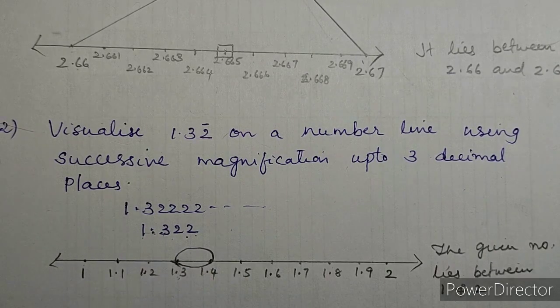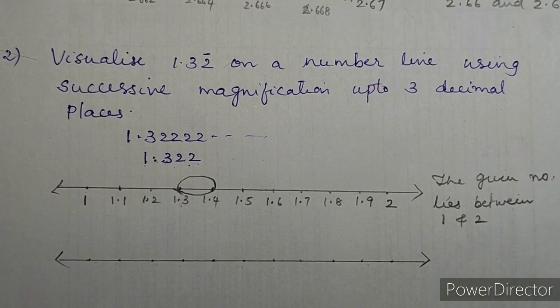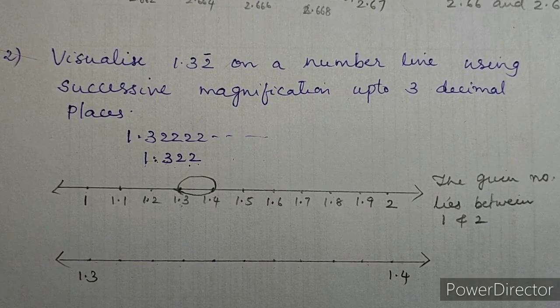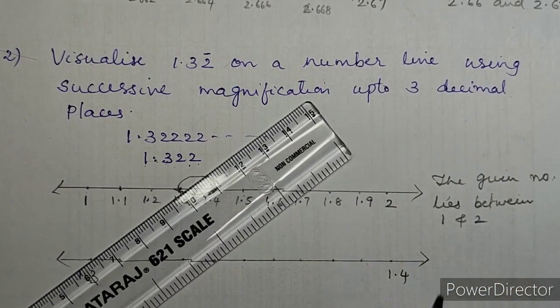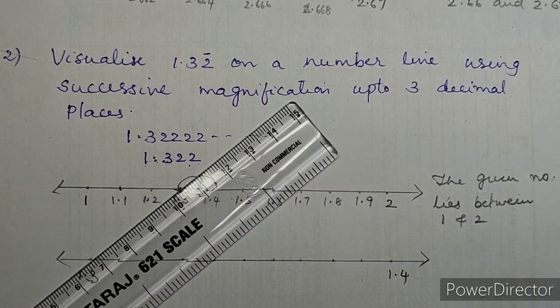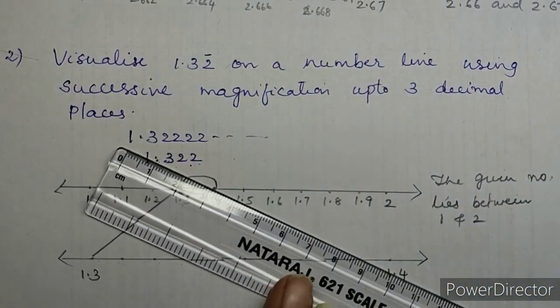So in the next number line, you have to show in between 1.3 and 1.4 in magnified form. That is what I have written here in the second number line. You can draw the lines like that, both the sides lines you can draw.